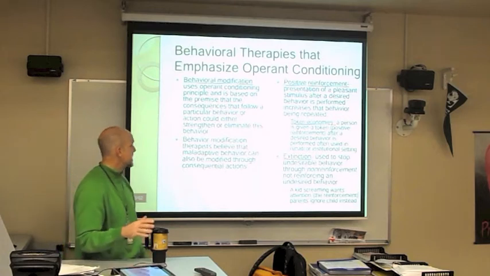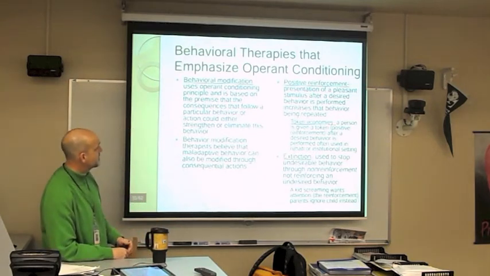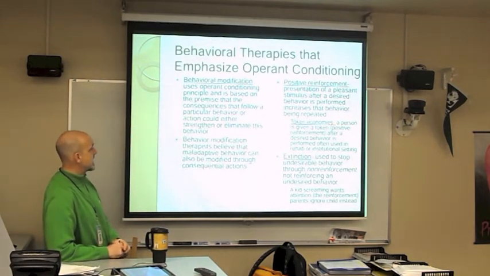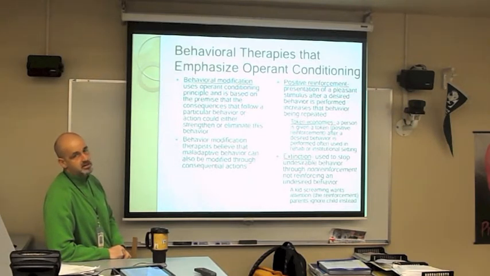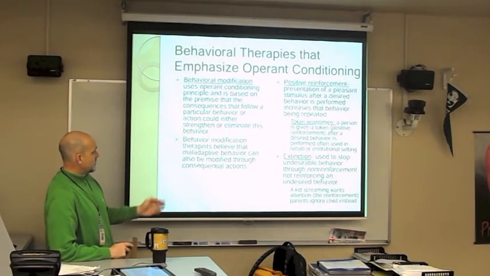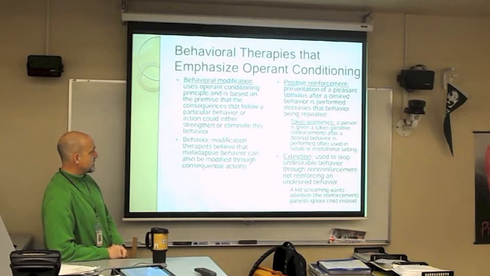Now, behavioral therapies that emphasize operant conditioning. Behavior modification uses operant conditioning principles and is based on the premise that the consequences, in other words, how you operate, depends on what follows. The action or the behavior will have a big influence on the way you act in the future. Now, behavior modification believes that maladaptive behavior can be modified through consequential actions.